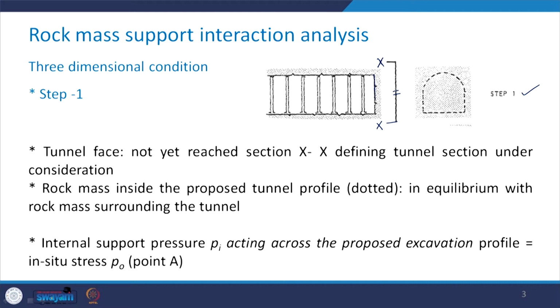If you take a section at XX and look in this direction, what you will see is the intact rock or rock mass through which the tunnel is being excavated. In this case, the tunnel face has not yet reached the section XX, which is clear from this figure, which defines the tunnel section under consideration.